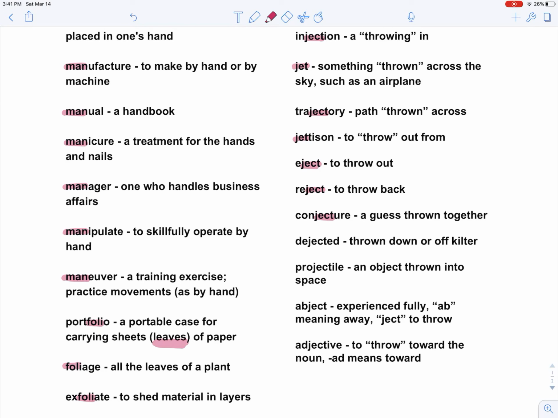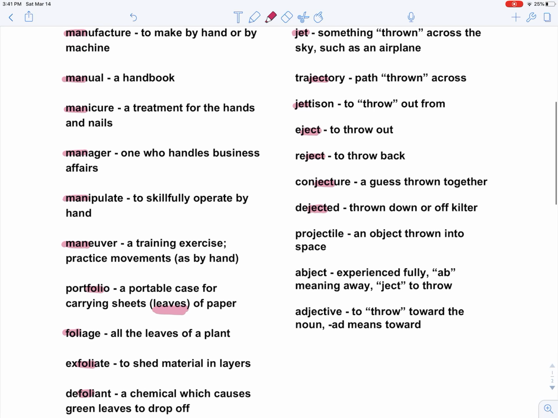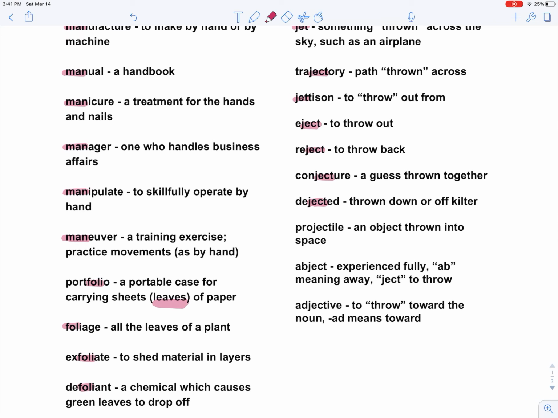Conjecture. Conjecture is like a guess, or a guess that's thrown together. Dejected, thrown off or thrown off kilter. Sometimes if someone's dejected, they're sort of sad and feeling down.